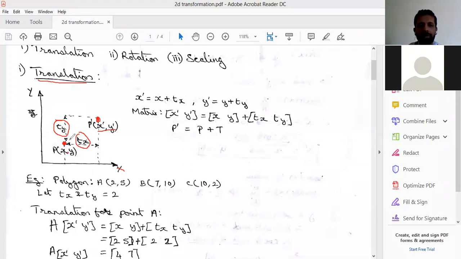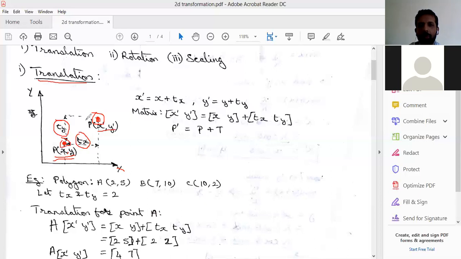So for an object or a point or anything to be moved from its initial point to a final place, we should know three data. Out of these three data, we should at least have two, so that the third one can be found out. What are these three data? One is the initial coordinate: what is the coordinate of the object at the initial position, P, x comma y?